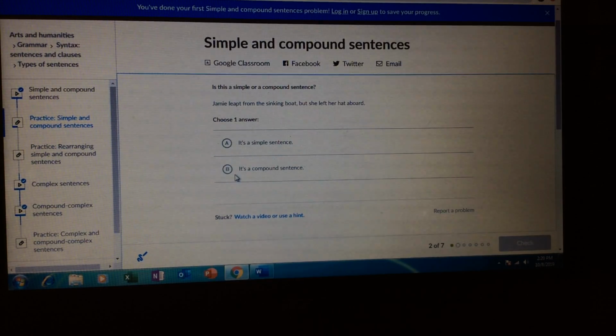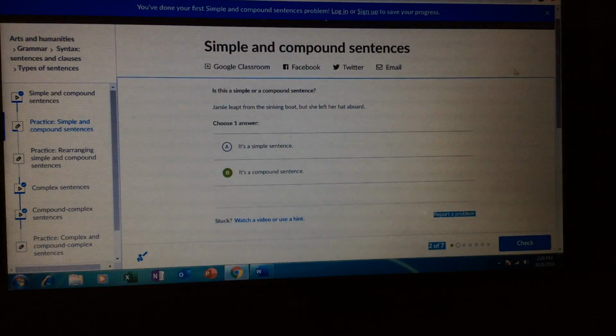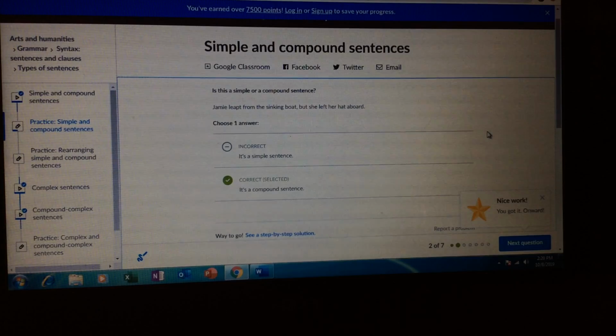Alright, is it A or B? Okay, for me, I'll choose B. Alright, it's correct. Okay, last one for our practice question. Are you guys correct? Did you get the correct answer?